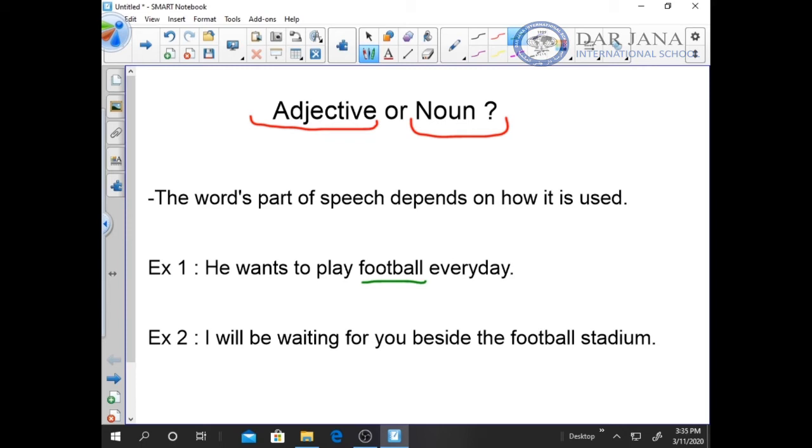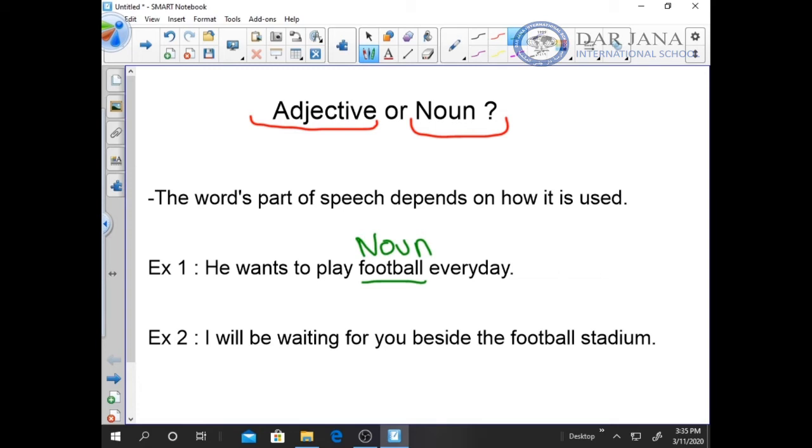He wants to play football every day. Football here isn't describing any other word. Football here is the name of the sport that he's going to play. So football here is a word used as a noun. It is giving me the name of the sport that he is going to play.